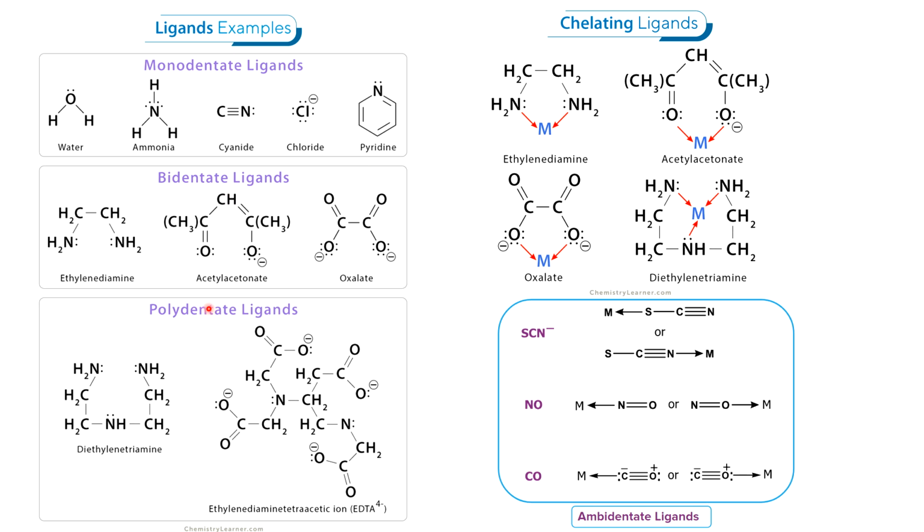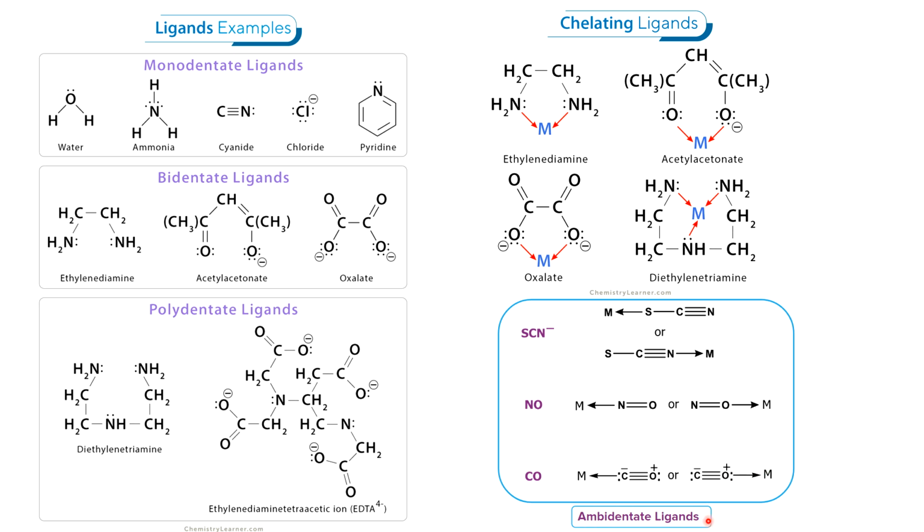When it bonds using both of its donor atoms, a ring forms, and only then is it called a chelate. Some other examples are also given here. These are chelating ligands.